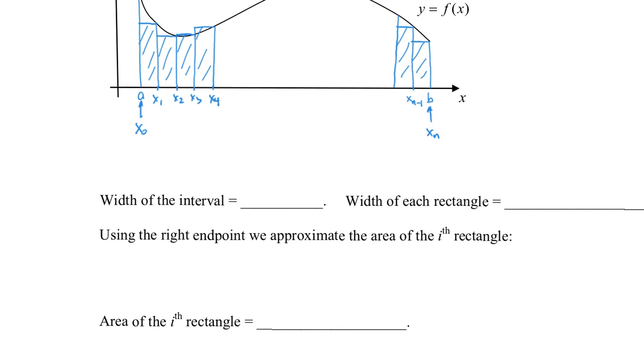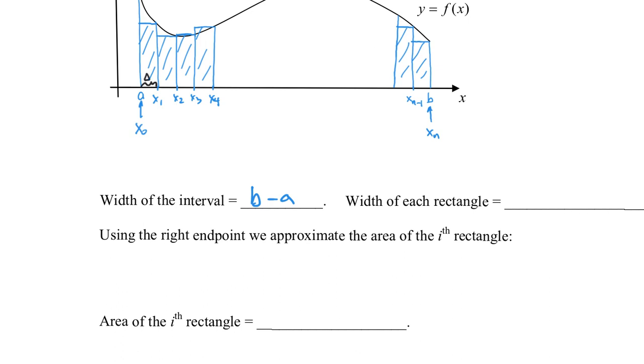So the width of the interval, meaning this interval from A to B. So in other words, let's say B is 11 and A is 1. The width would be 11 minus 1, or 10, right? So the width of the interval is just B minus A. And then we're going to have this little delta x here.